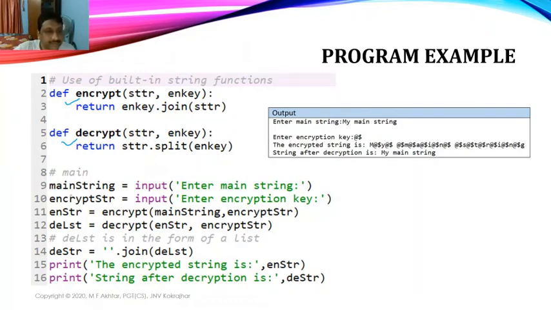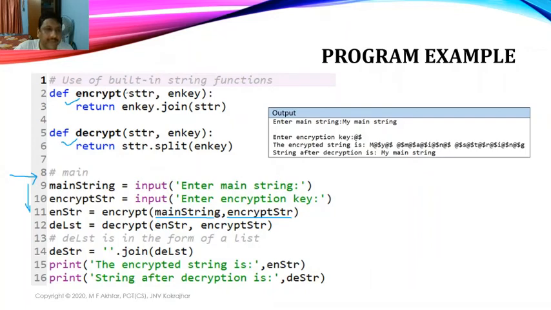See here what we have done. The main program starts from here and goes like this. Main string, input main string. We are asking for one main string, then we are asking for an encryption key, and we are sending these two values to the encrypt function.